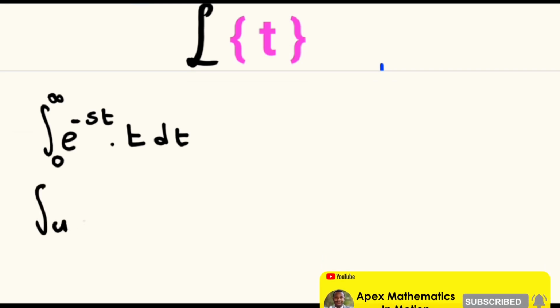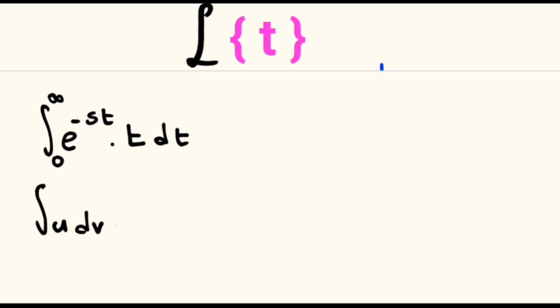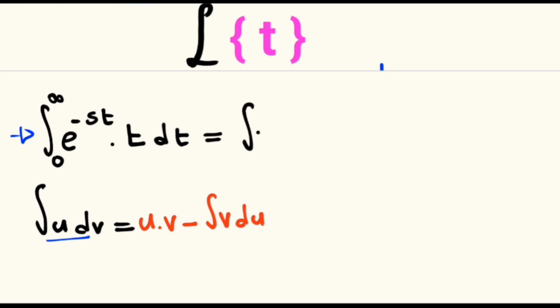So the formula is the integral of u multiplied by dv, which is equal to u multiplied by v minus the integral of v multiplied by du. So this part corresponds with our integral. So what I'm saying is this integral is equal to u multiplied by dv.